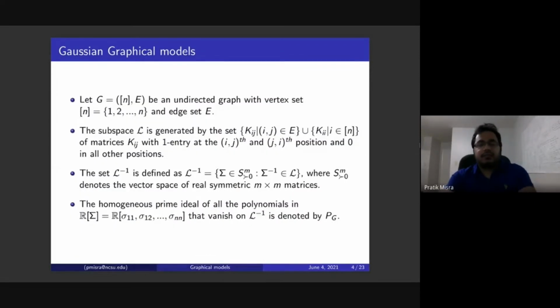Now that we have some preliminaries of algebraic geometry and a little bit of graph theory, let's look at the concept of Gaussian graphical models, how the problem is set.